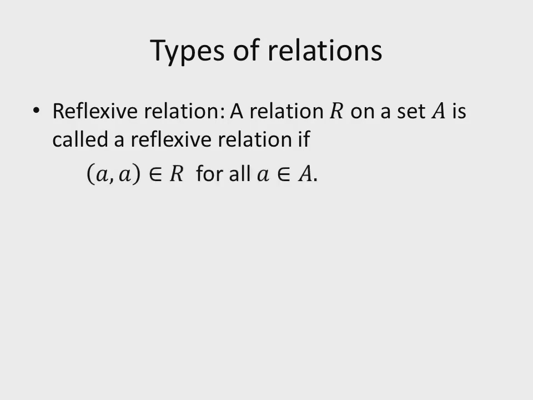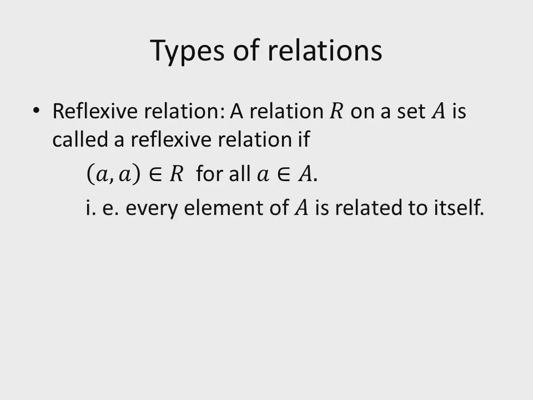A relation R on a set A is called a reflexive relation if every element of the set A relates to itself. Every element of A must relate to itself, then only it will be called a reflexive relation. So we have an example of this.